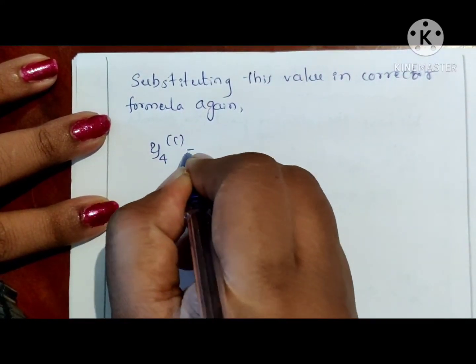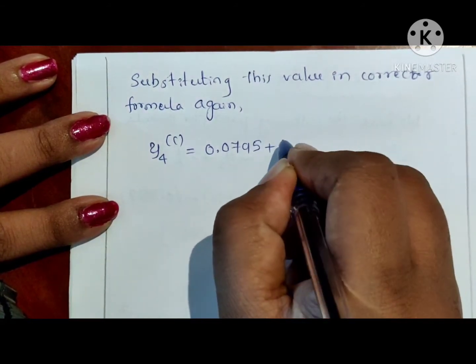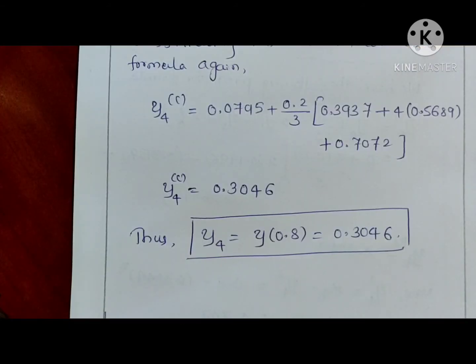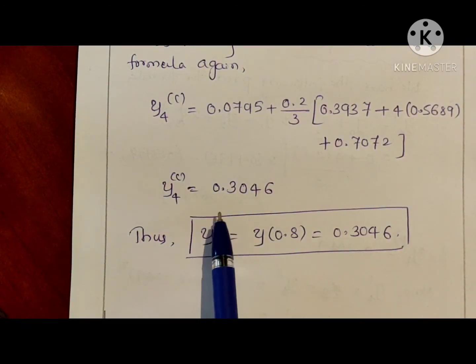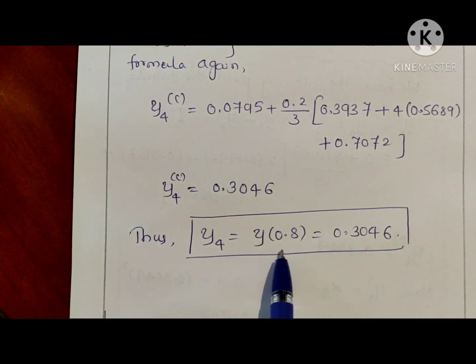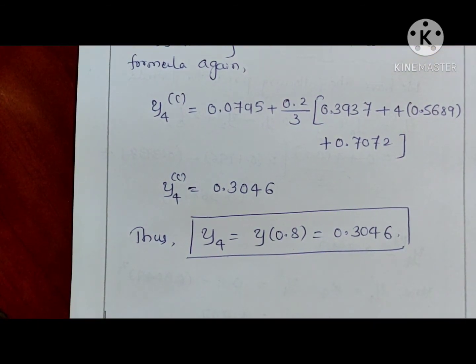Write down the same values, just replace y4. Substituting all the values, you will get y4 of c as 0.3046. Thus y4, y of 0.8, is 0.3046. This is by Milne's method.